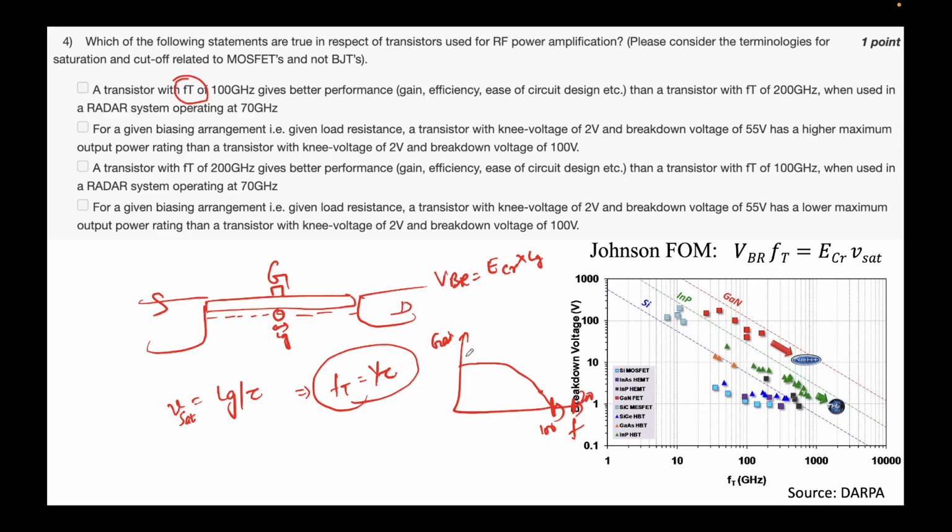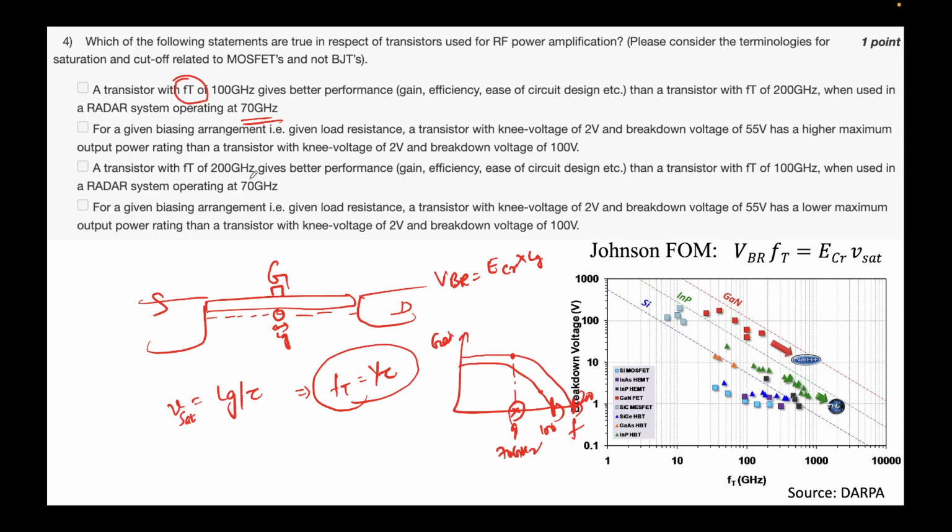So its performance, let's say, is something like this, right? And you want to be operating at 70 gigahertz. This is your point of operation of the radar. That's what is given, 70 gigahertz. Which is better? This gain is better, right? So what you want is a higher FT device, simple as that. So the transistor with an FT of 100 gigahertz does not have better performance; it has worse performance.